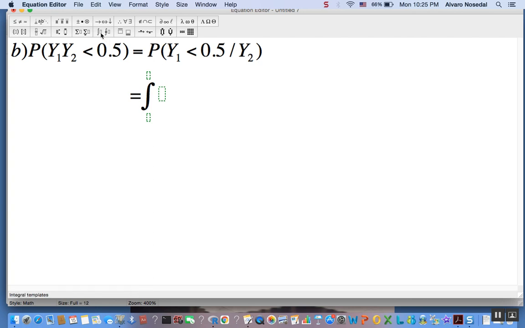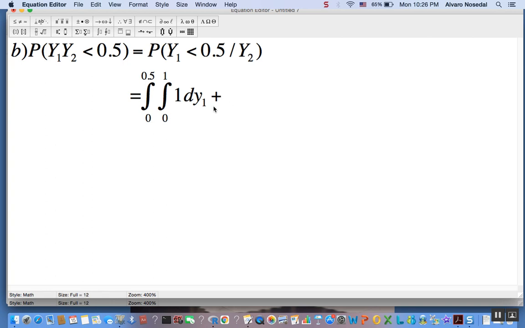So in that case, something really nice is that y1 varies from 0 to 1, and I'm integrating that function, just 1, that's the joint PDF, with respect to y1 first, and then y2 varies from 0 to 0.5.